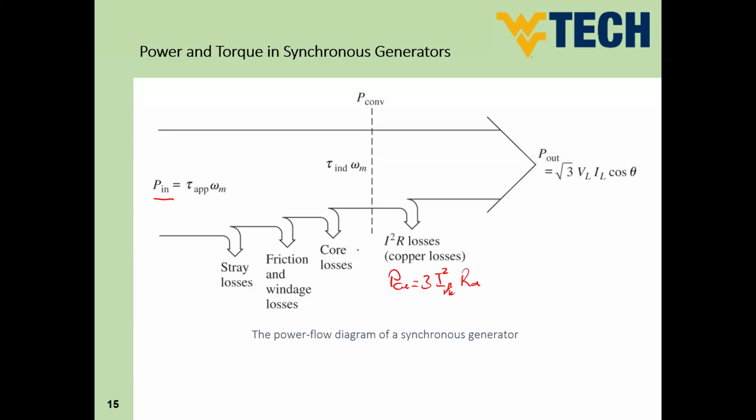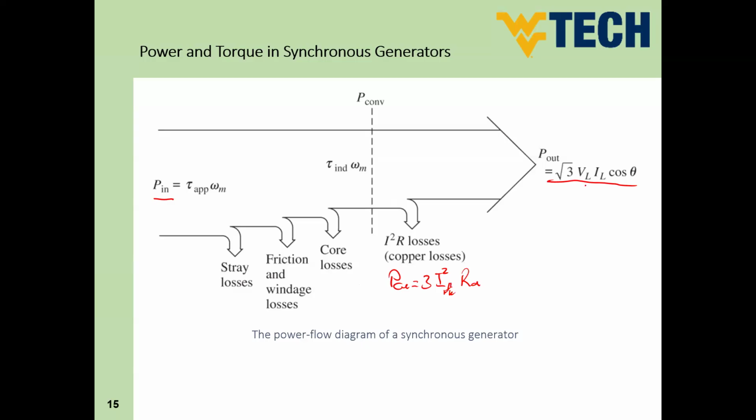So the total copper loss is going to be the copper loss, and the remaining power, guys, which is going to be the output power of the machine, is the difference between the input power and all losses, or we can calculate this as root 3 V line I line cosine theta, like any power definition. So you know this is a general definition for any electrical power: root 3 V line I line times power factor, or cosine theta.